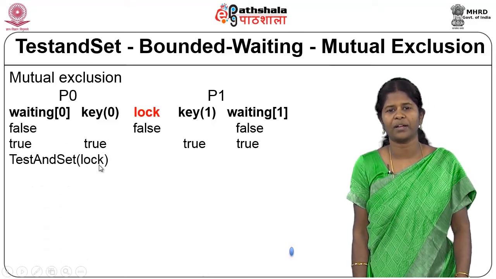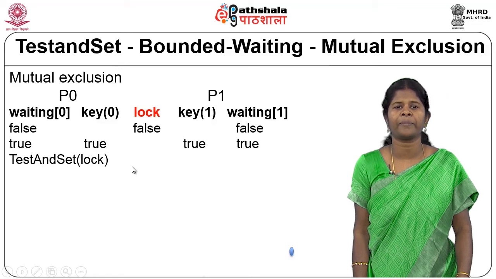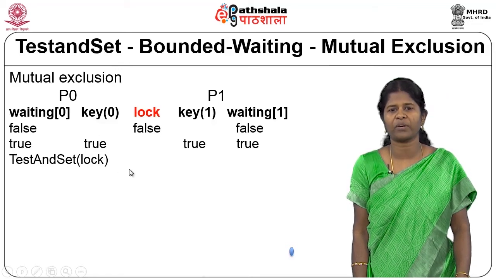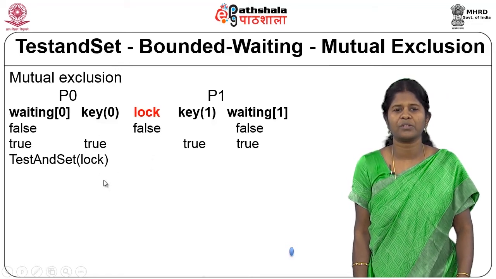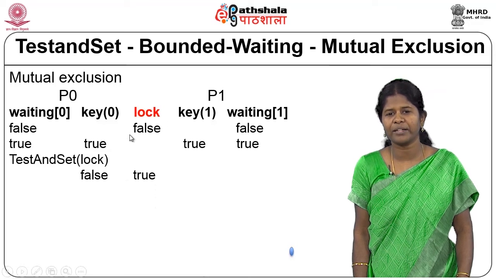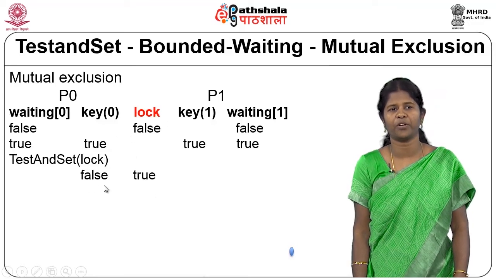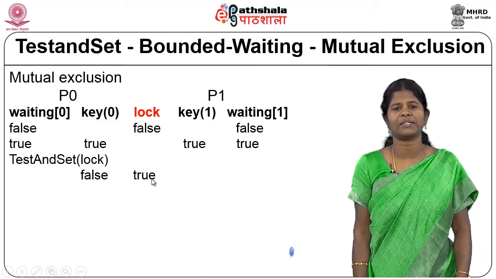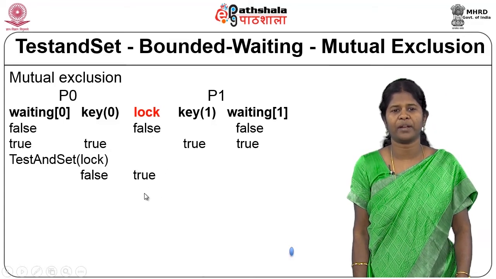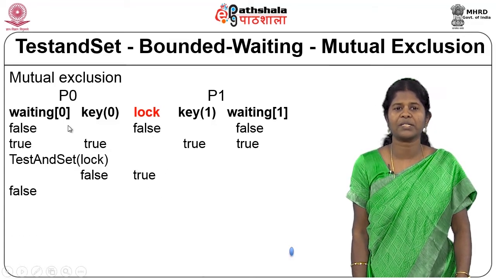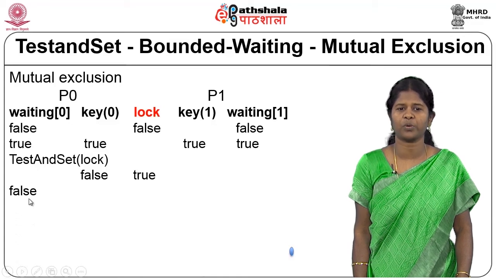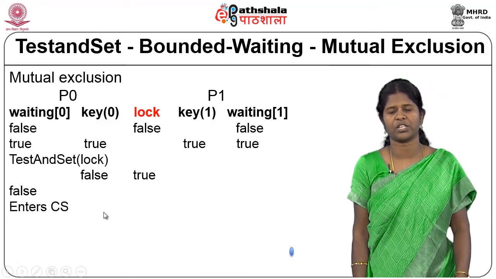Test and set of lock will return a false value and the value of lock will be changed to true. So, the return value of test and set of lock is assigned to key[0] and lock is assigned a value of true. Now, this process changes its waiting to false and enters the critical section.